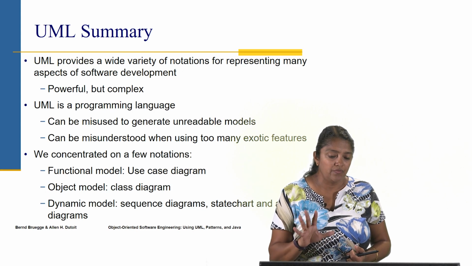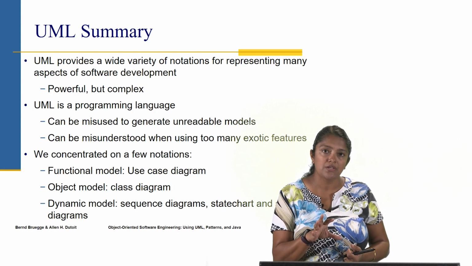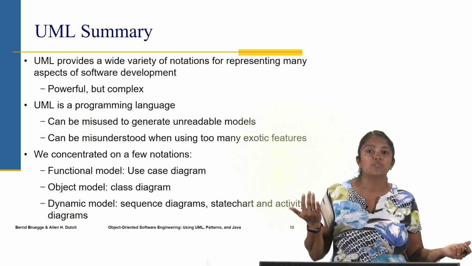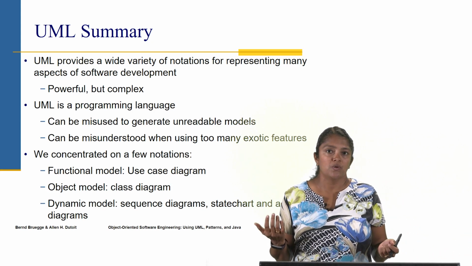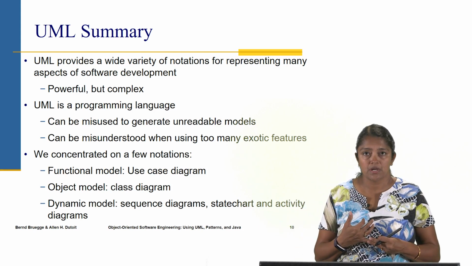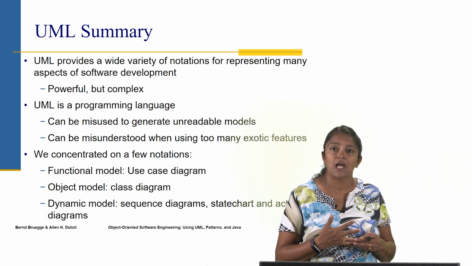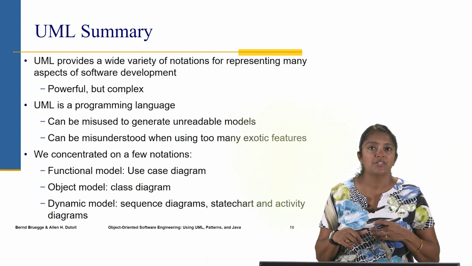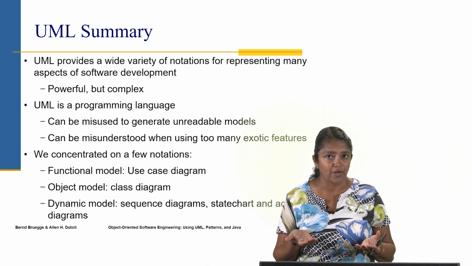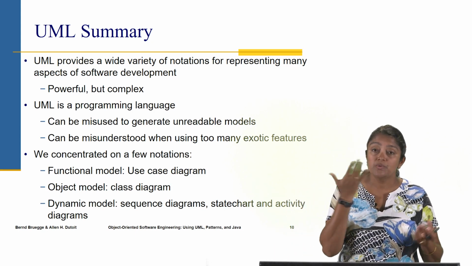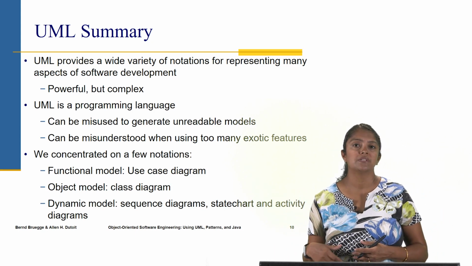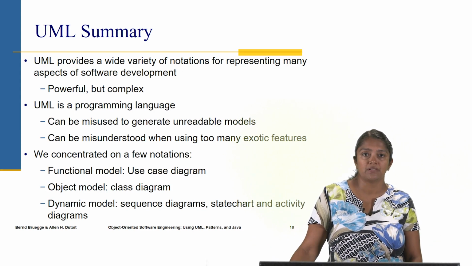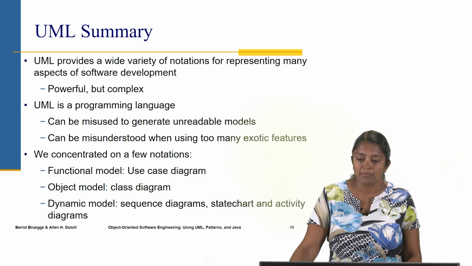So we focused on the key notations that are important, the 20% of the notation using which most modeling can be done. We looked at use case diagrams, which help create functional models, class diagrams that help create object models, and then we looked at state chart and activity diagrams that help create dynamic models, which were the three kinds of system models to deal with the abstraction aspect of software development.